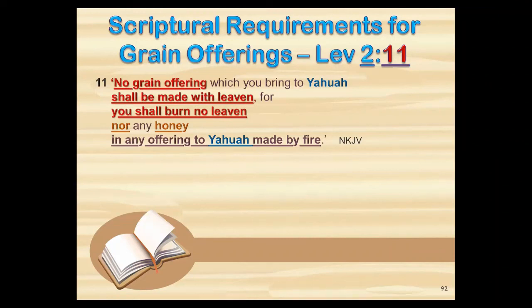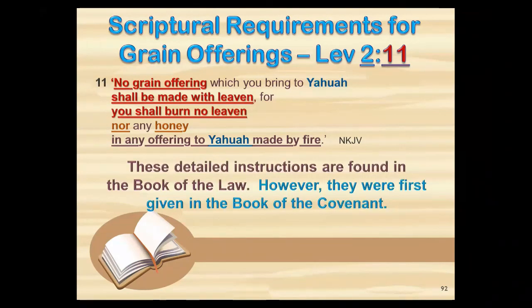No grain offering which you bring to Yahuwah shall be made with leaven, for you shall burn no leaven nor any honey in any offering to Yahuwah made by fire. Very, very clear. These detailed instructions are found in the book of the law. However, guess what? They are first given in the book of the covenant.